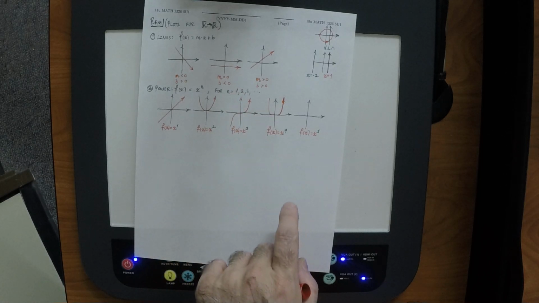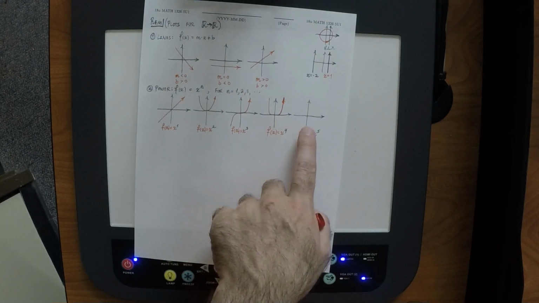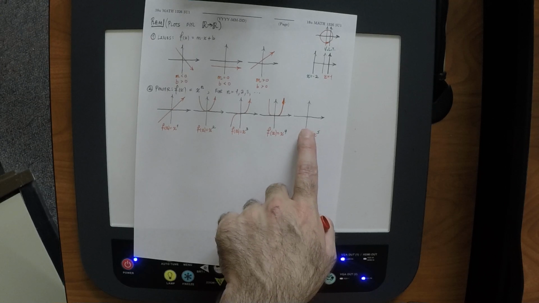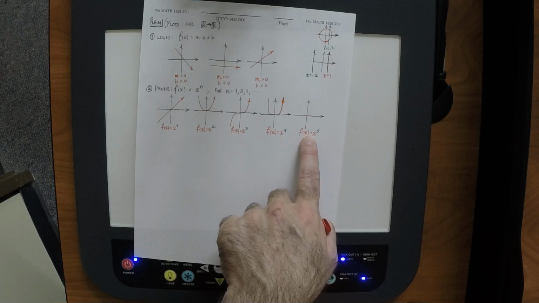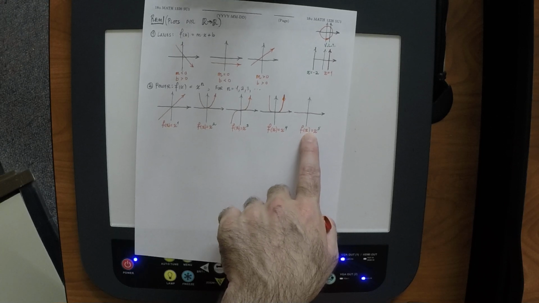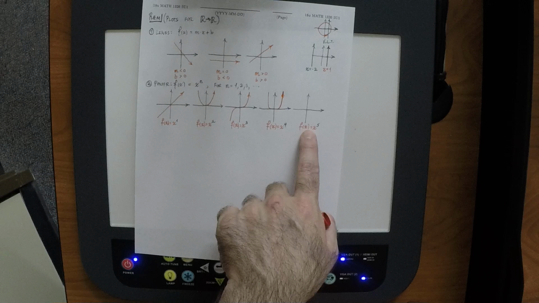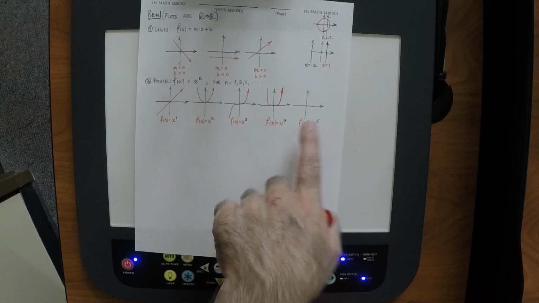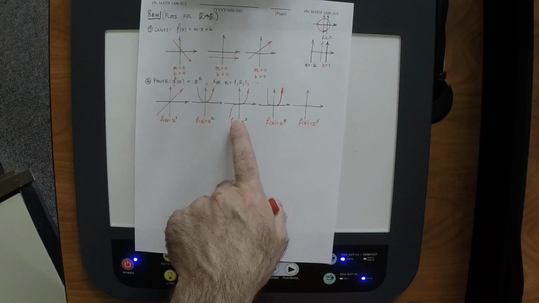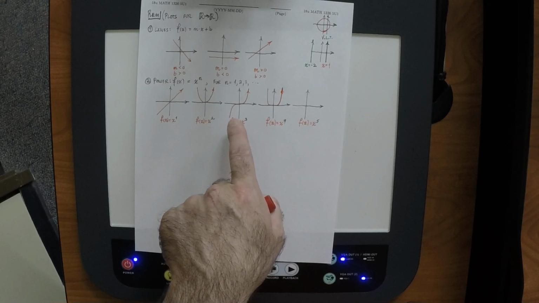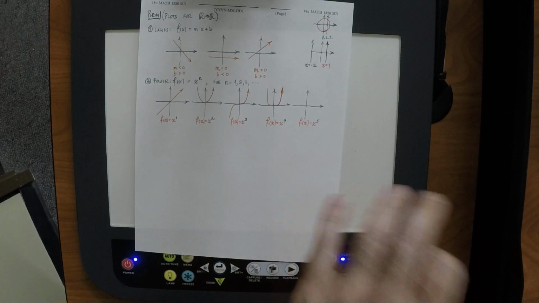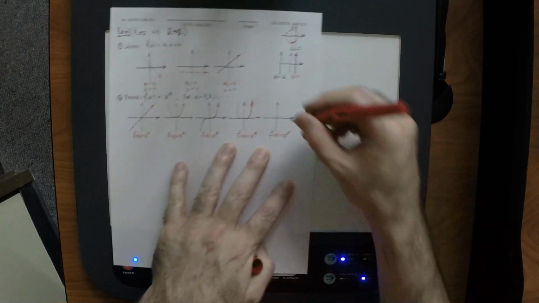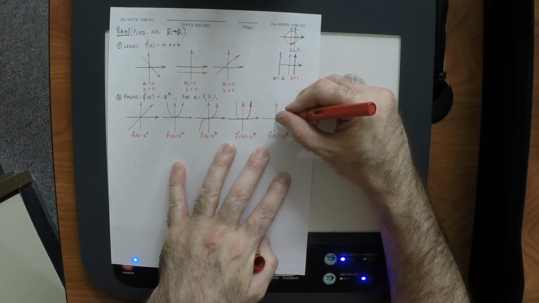But quite flat near the origin. And then how will the quintic look? It'll be like the cubic in the sense of one up and one down, but it'll be like the quartic in the sense that it'll be quite horizontal near the origin and quite steep away from the origin.